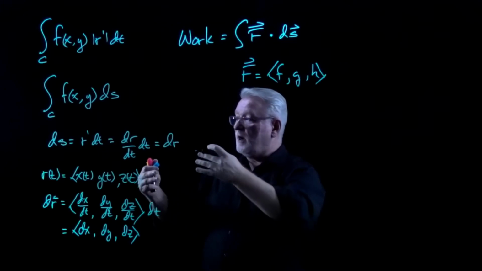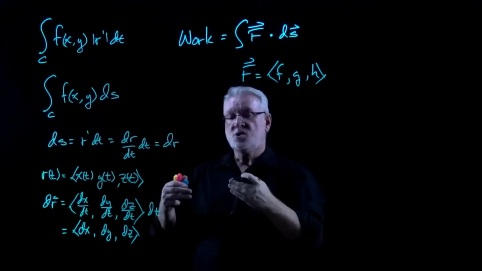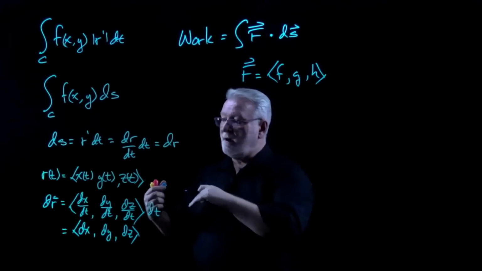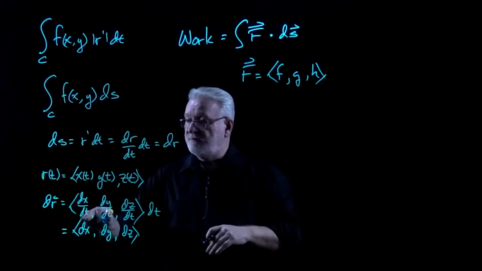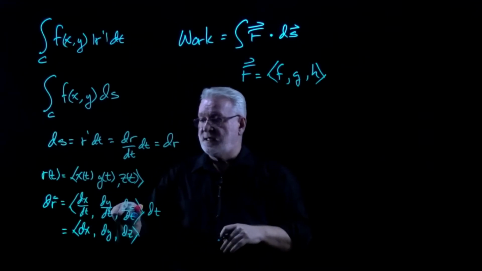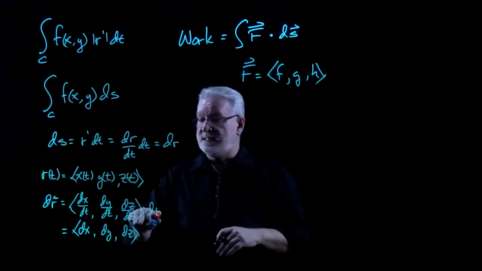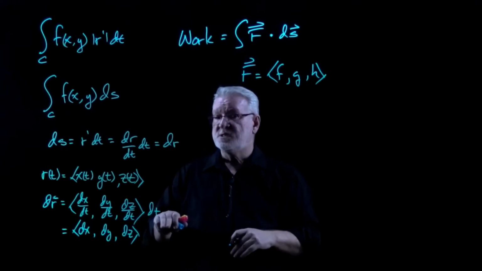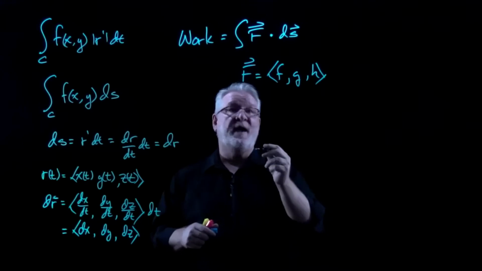But we know that opening up dr gives us two possibilities. dr is either the individual derivatives of dx/dt, dy/dt, and dz/dt, and then integrated with respect to dt. So let's take a look at what that one would look like.